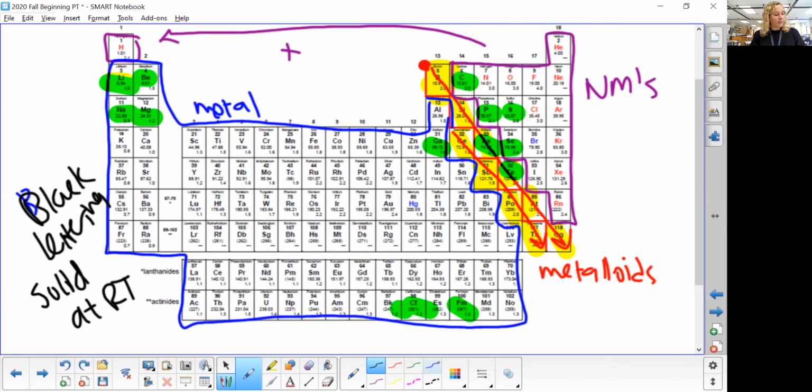You've got a couple of elements that stick out that have blue lettering, and there are just two of them. Most students know mercury is a liquid, and then bromine is the other one. So blue lettering is a liquid at room temperature.